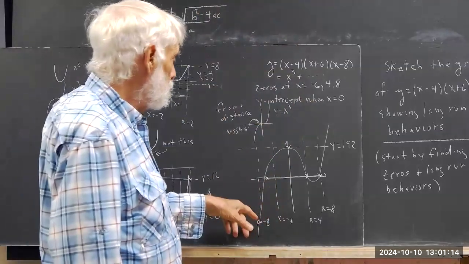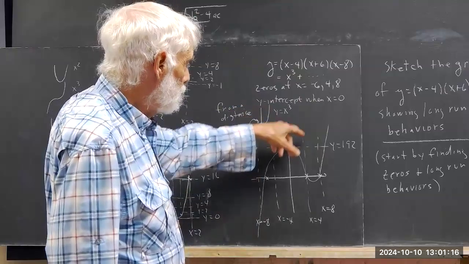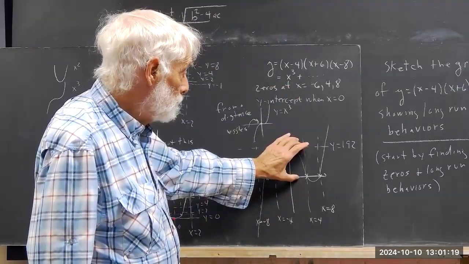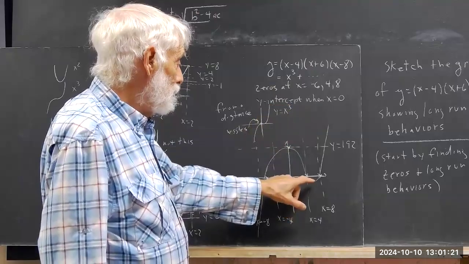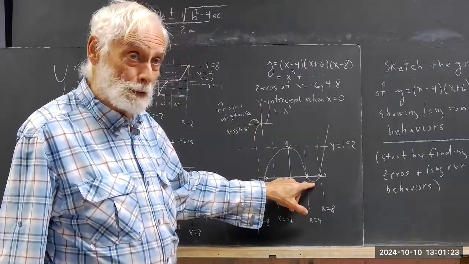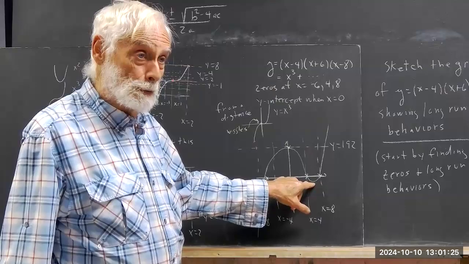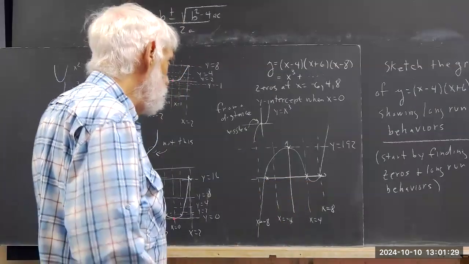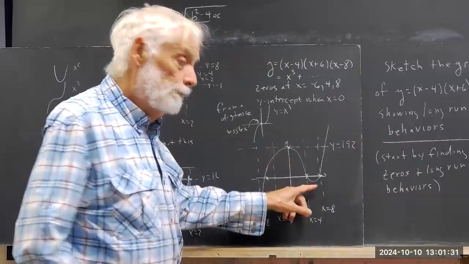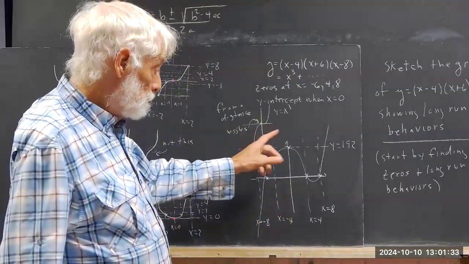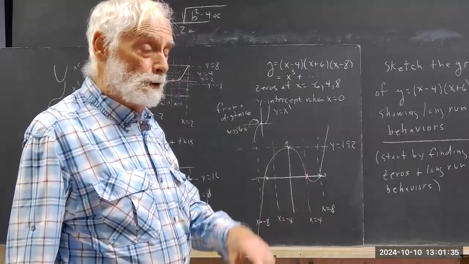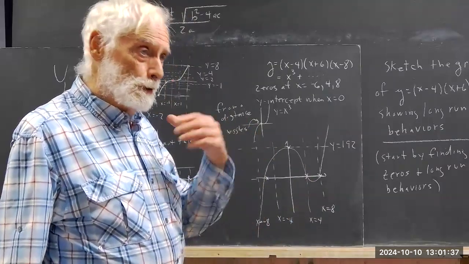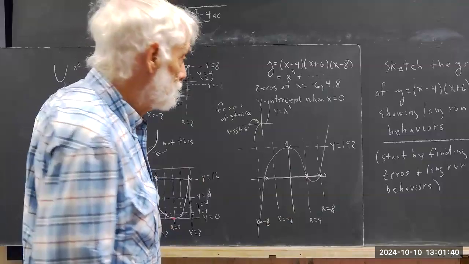You could have a wiggle up here and down here and up. If you just raise this thing up a couple hundred units, you don't have zeros here, but you've still got wiggles. We call these relative maxima, relative minima. A relative maximum here, relative minimum here. The plural of maximum is maxima. The plural of minimum is minima.